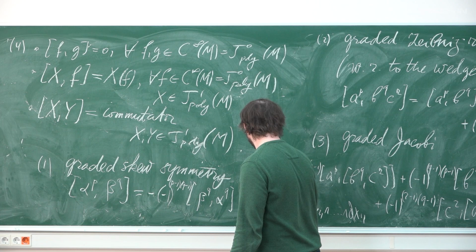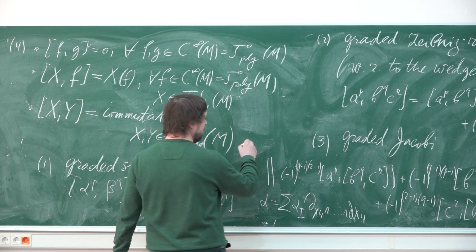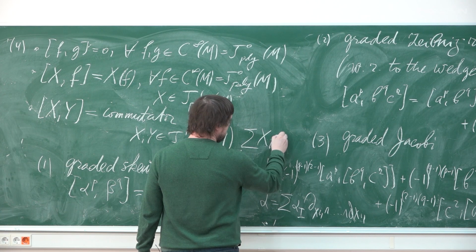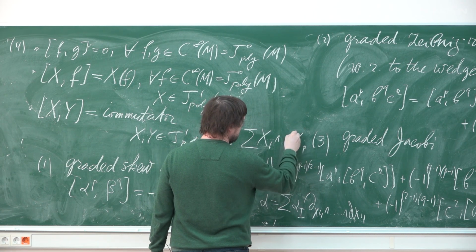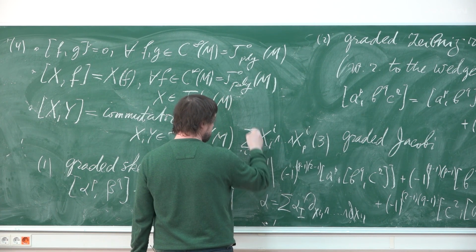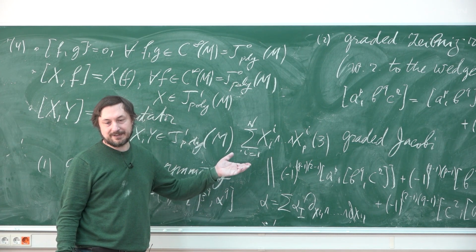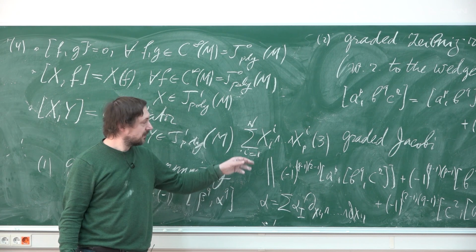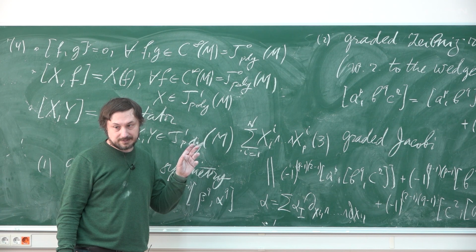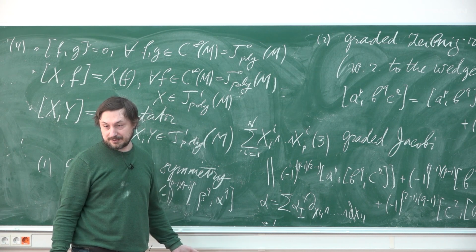You can rewrite it, not in a unique way, but in some way, as the sum of X_1 wedge ... wedge X_p, where the sum is taken for i from 1 to a certain index n. So just take the wedge product. Every polyvector field is a sum of some wedge products of usual vector fields. This decomposition is not unique. Therefore, you cannot just use the formula I'm going to write down as the definition.